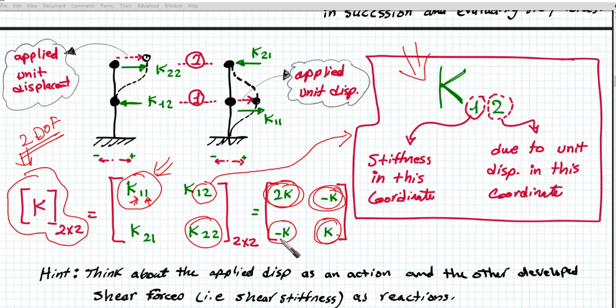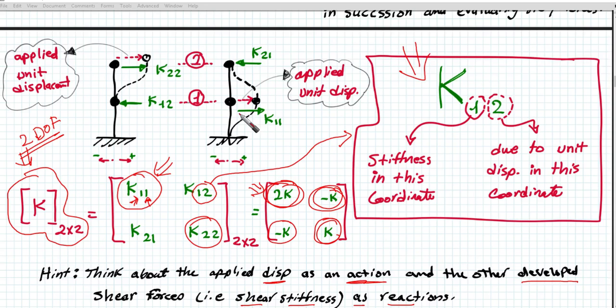There is an important hint that is going to help us to understand this, like an analogy: think about the applied displacement as an action and the developed shear forces, meaning the shear stiffnesses, as reactions. So here we are going to apply unit displacement at floor 1, right?